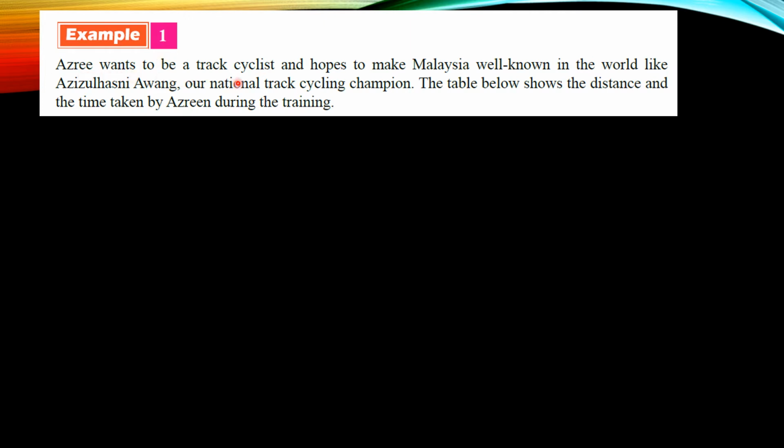Azri wants to be a track cyclist and hopes to make Malaysia well known in the world like Azizul Hasni Awang, our national track cycling champion. The table below shows the distance and the time taken by Azri during the training.